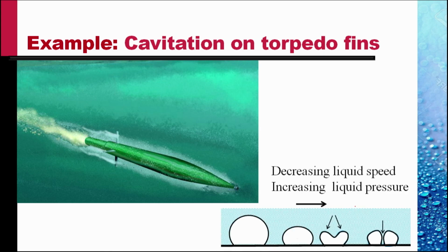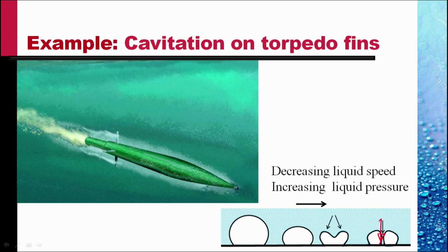Those vapor bubbles have a tendency that as the pressure increases back, if the fluid slows down when moving away from the fin, the pressure increases, the diameter of the vapor bubbles decreases, then the vapor bubble splits and suddenly a jet impinges on the surface.